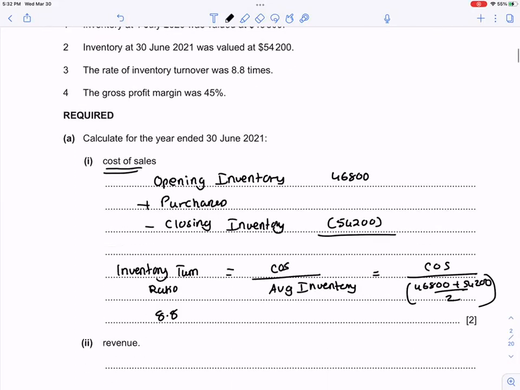So 8.8 is cost of sales upon 50,500. So I'll cross multiply. So my cost of sales will be 50,500 into 8.8, which is $444,400.